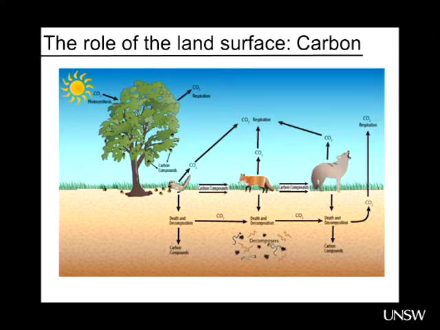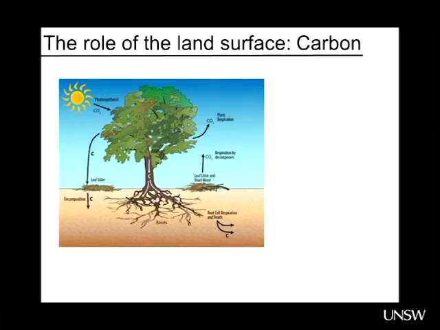Again, because it's really hard in a climate model to simulate coyotes and foxes, we'll skip the animals as quickly as possible and focus in on the role of the land surface in managing carbon. Carbon is absolutely critical to understanding how a land surface operates within the climate system.